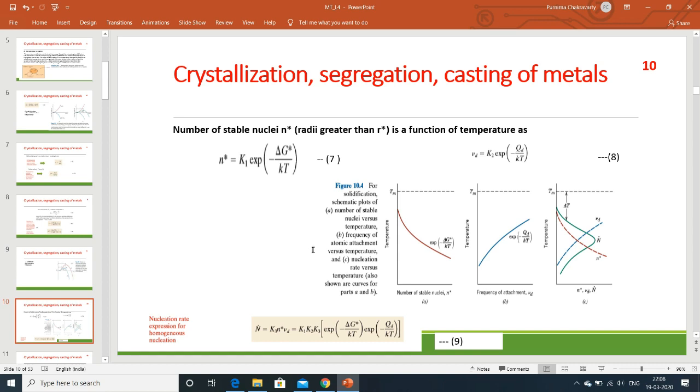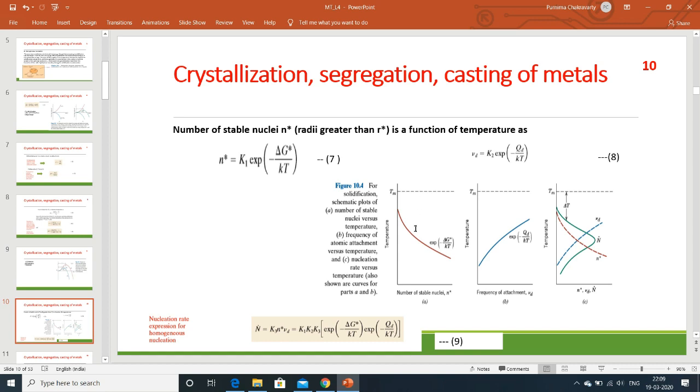So in figure 1, or graph 1, you can see that the number of stable nuclei is plotted against temperature, and Tm is the temperature of solidification.